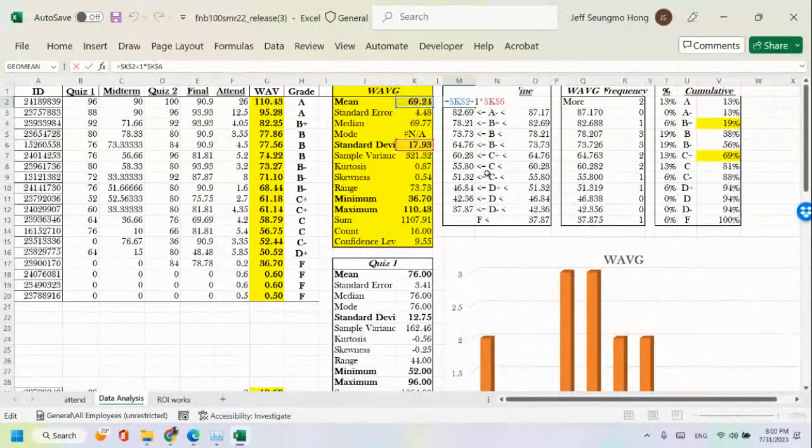Look at this. This can be adjusted a little. As you can see, the cutoff line for A is the mean plus one standard deviation, so that's one standard deviation above the mean.